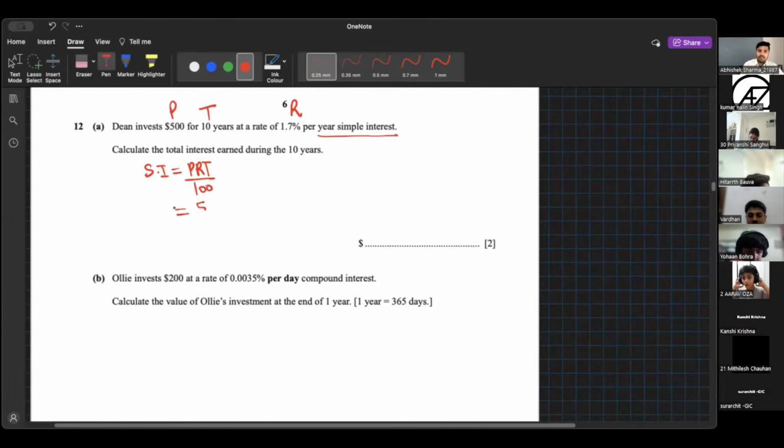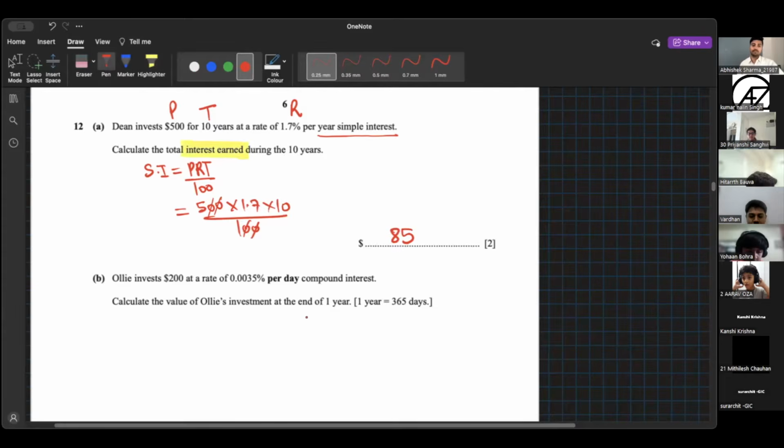So P is 500 into R, that is 1.7, into T, that is 10, whole divided by 100. So 0, 0 cancel out, 0, 0 cancel out. Do this in the calculator. So 5 multiplied by 17, that is 85. $85 is the interest earned.